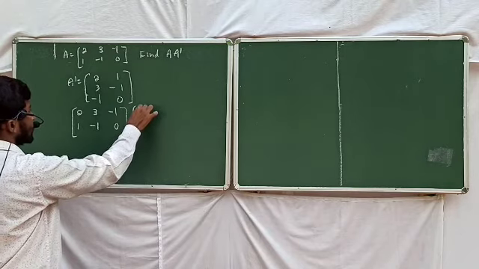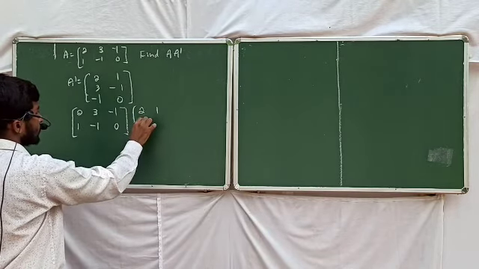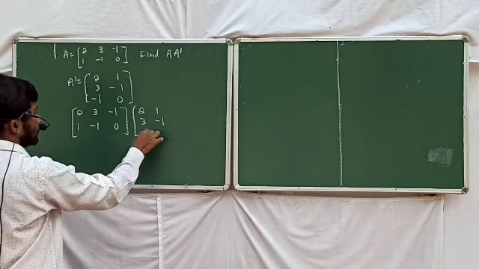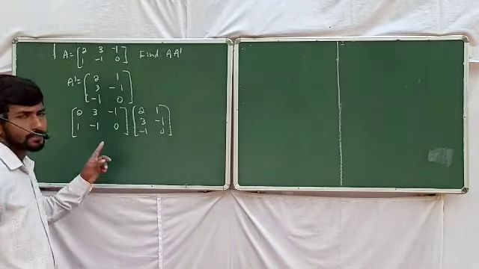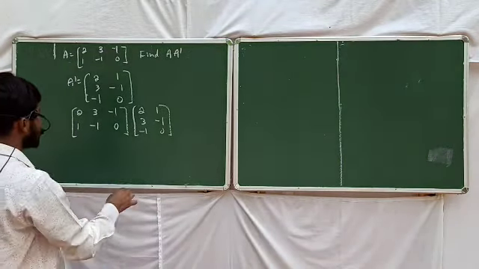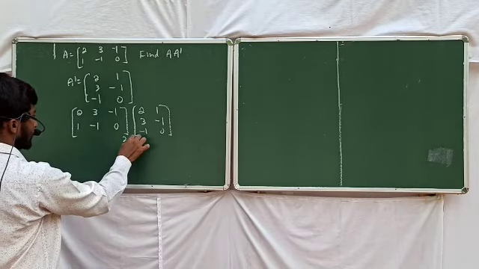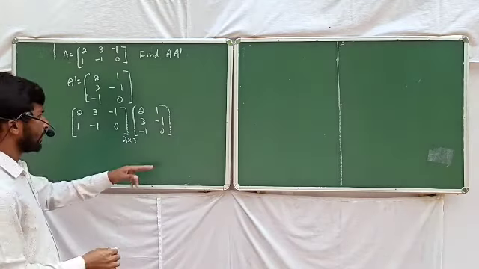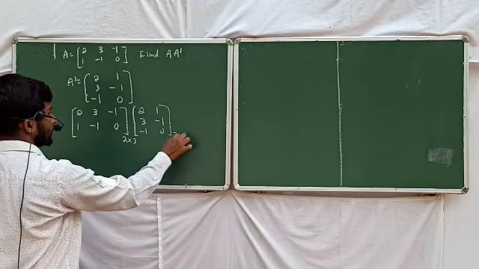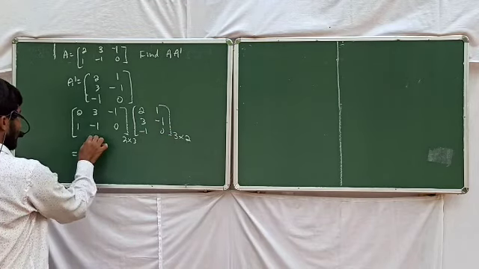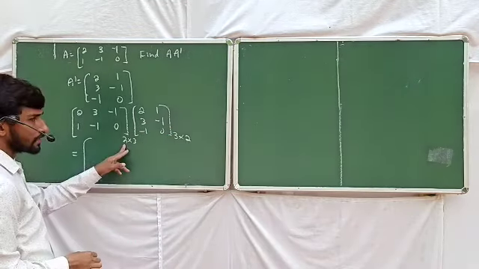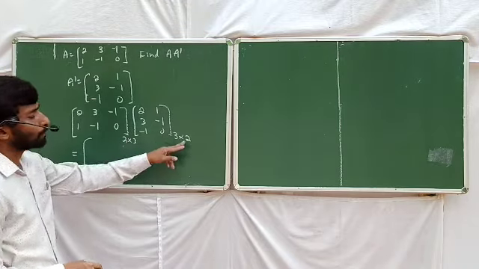A transpose is equal to 2, 1, 3 minus 1 and minus 1, 0. See the order. Order of this matrix is 2 by 3. Order of the second matrix is 3 by 2. Therefore, the order of the resultant matrix is 2 by 2.